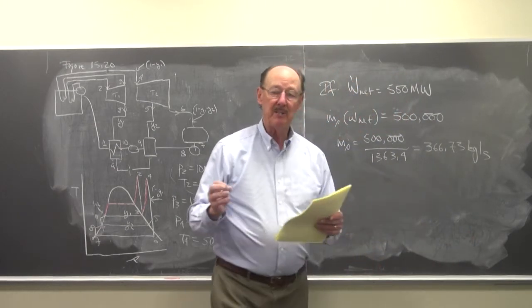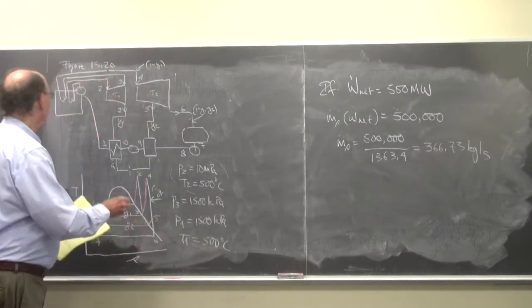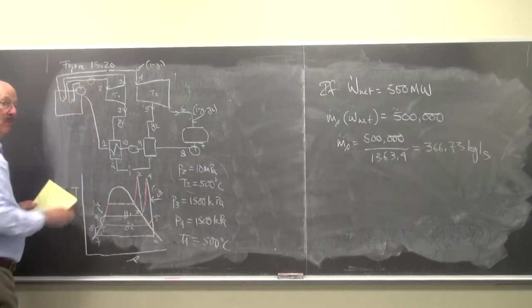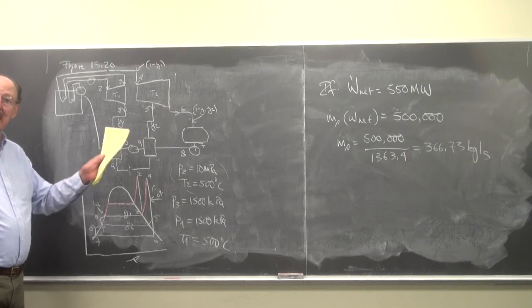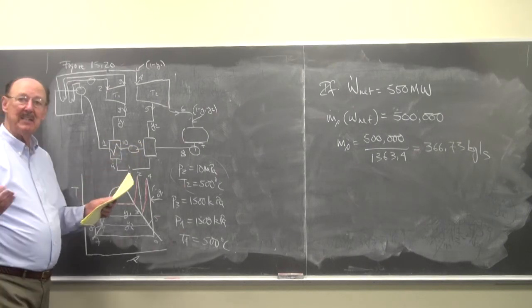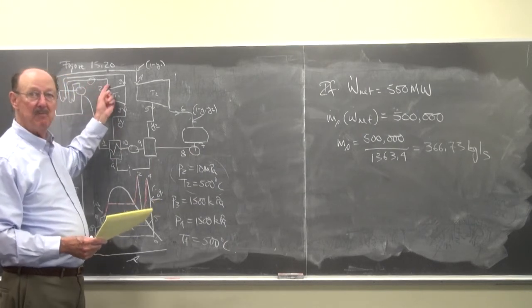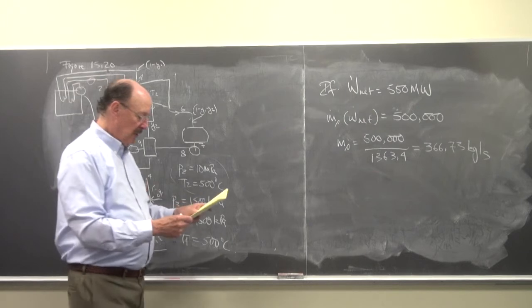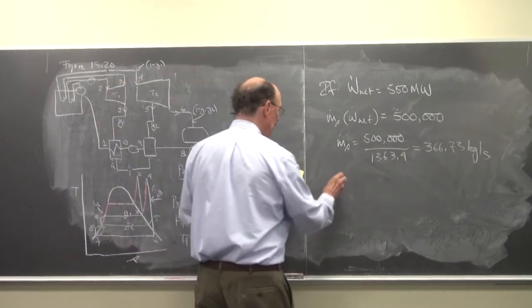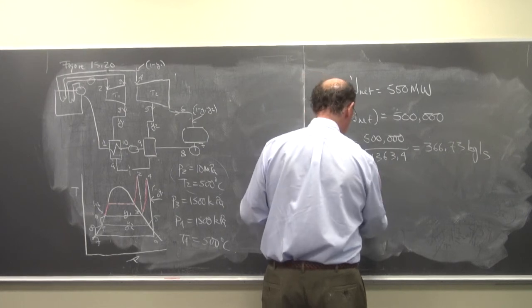And now what I wanted to do is, what is the diameter of the pipe? I'm curious about that. How big should the pipe be? So what I did is I looked up the recommended velocity of superheated steam through a pipe. We're given that the velocity V is about 50 meters per second.